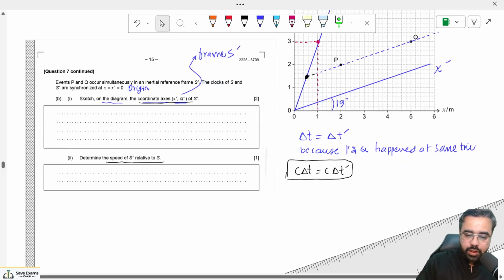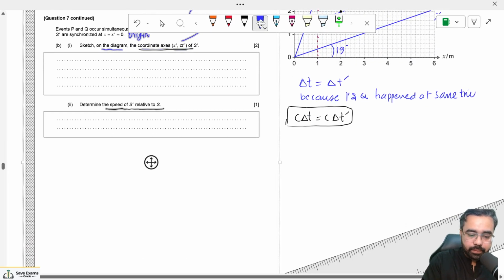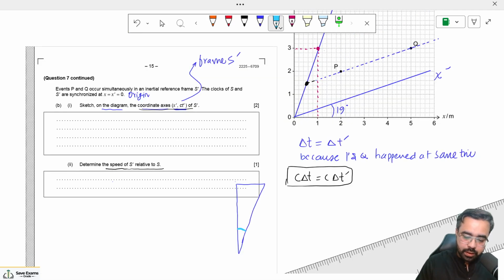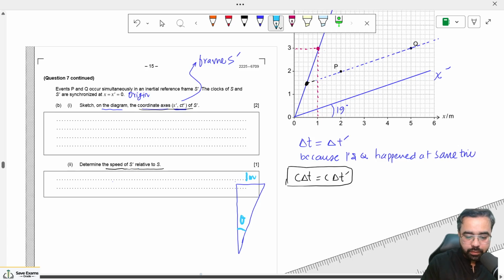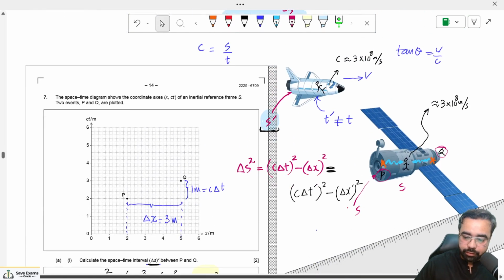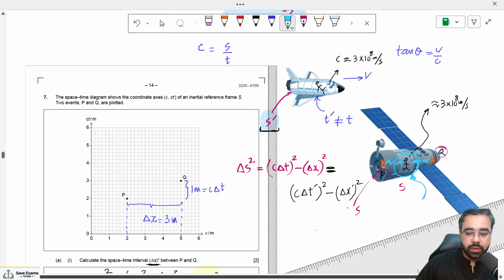So we know that tan theta is, so students, this is theta. This is 1 meter according to S, because we have to find relative to S. According to the person who is in the S frame of reference, what he is thinking is the speed of the spaceship. According to this, we are going to calculate that.